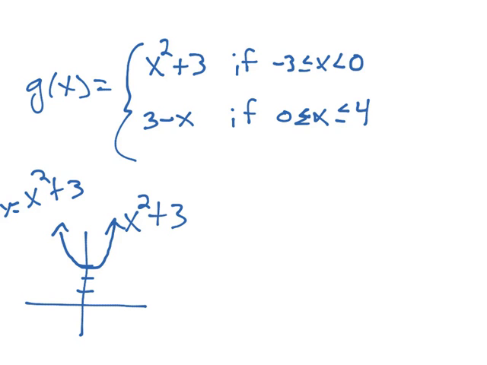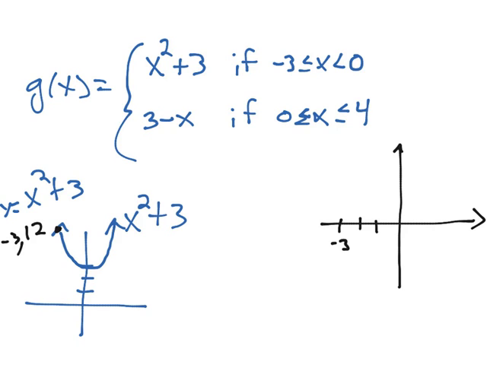So there's the entire graph of x squared plus 3. Okay, well, I can't use the entire graph. I can only use it from negative 3 up to 0. I can't even use it at 0. So if I come over here to negative 3, I'm going to get 12. Negative 3, 12 is on this graph.